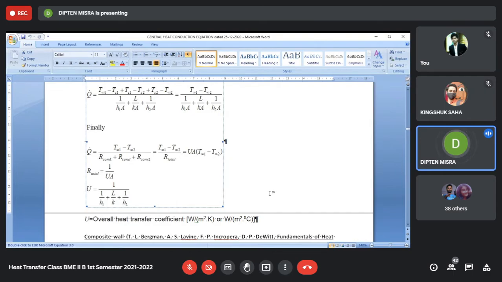Now, this is called a kind of composite situation where we have convection on one side, conduction in between, and convection on the other side. And we will be using this under a steady state heat transfer situation where there is no internal heat generation. And the third thing is that the heat flow is one directional.